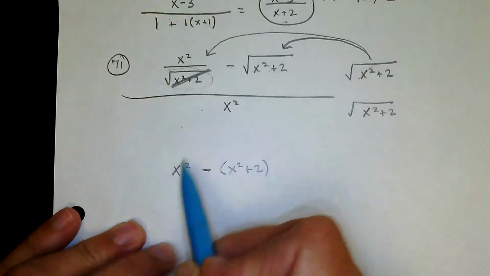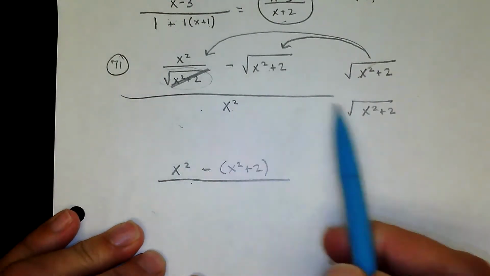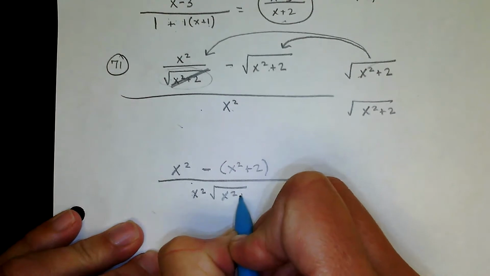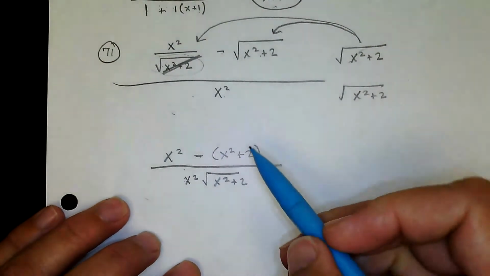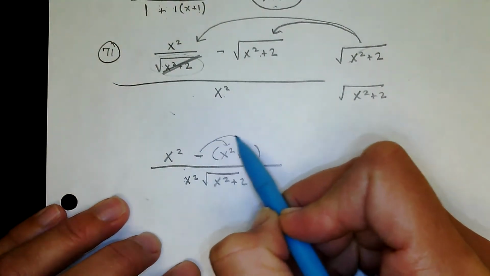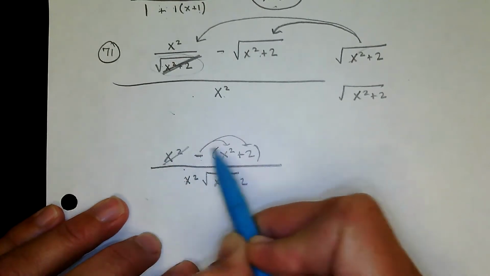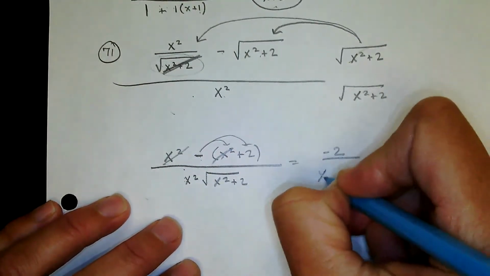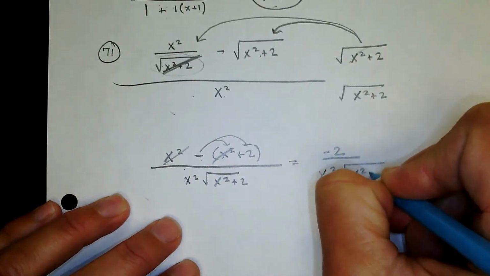And then on the bottom, there's no distributing. This times a radical is just this times a radical. And then up top, we'll clean it up. Distribute your minus sign. So x squared minus x squared will be gone, and it's just going to be a -2 over x squared root x squared plus 2.